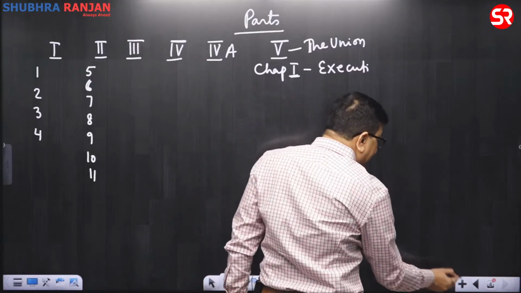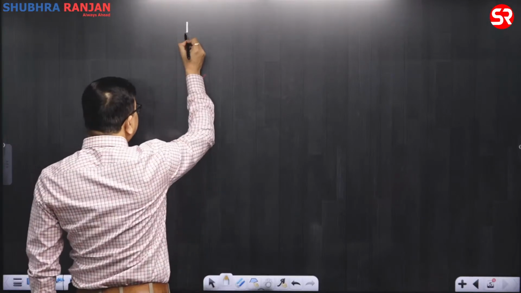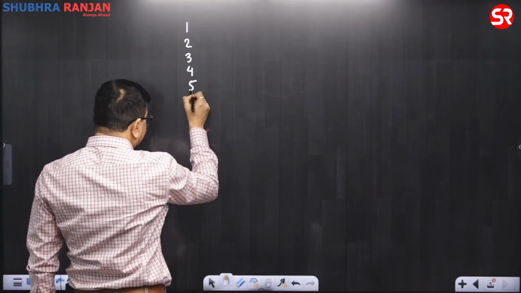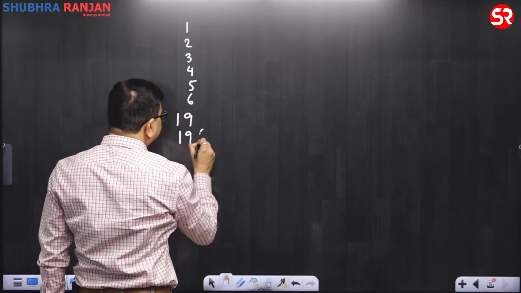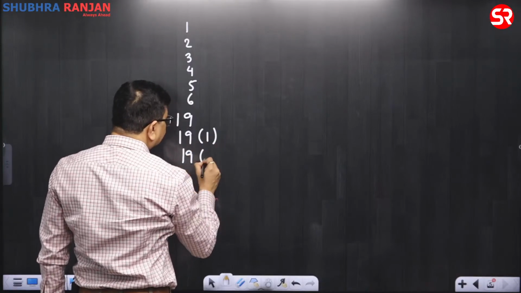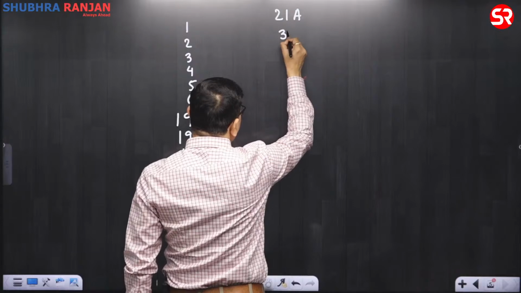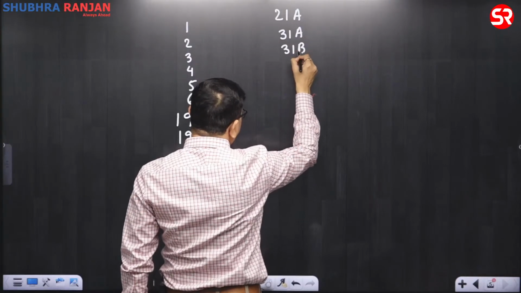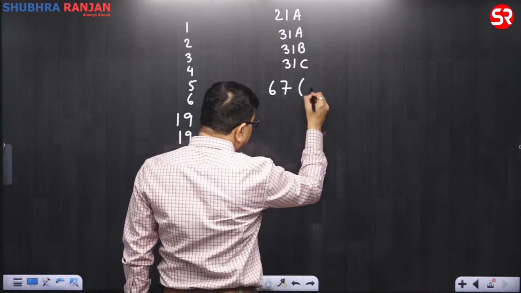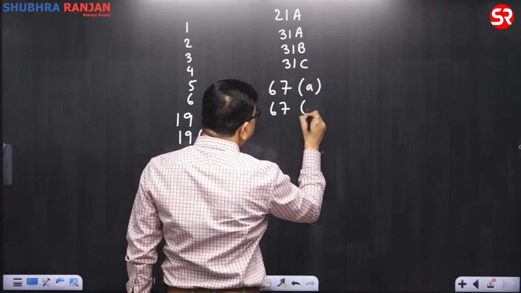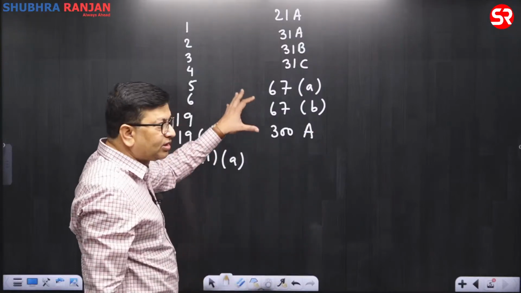Now, during our discussion, you will find certain numbers, that is the articles will be there. You can come across certain numbers.